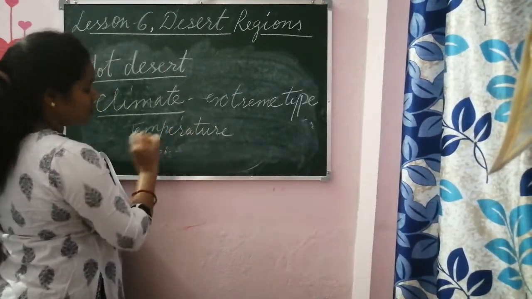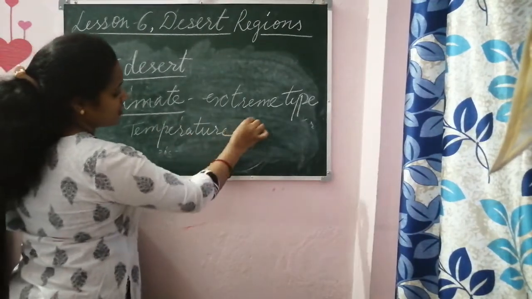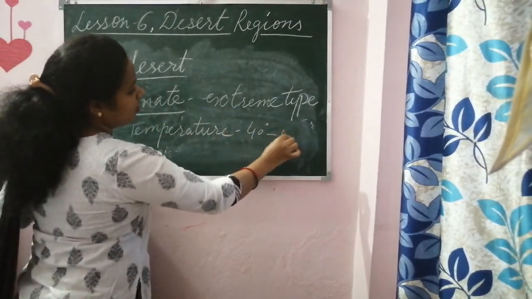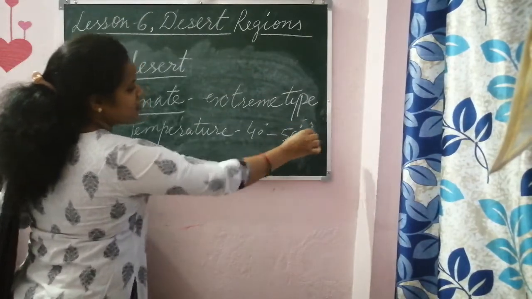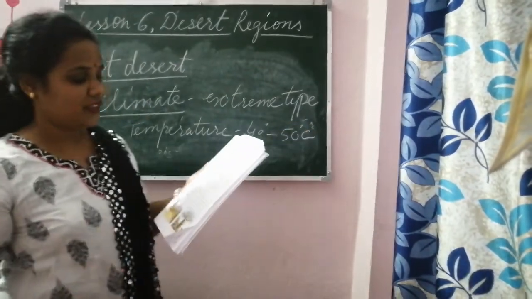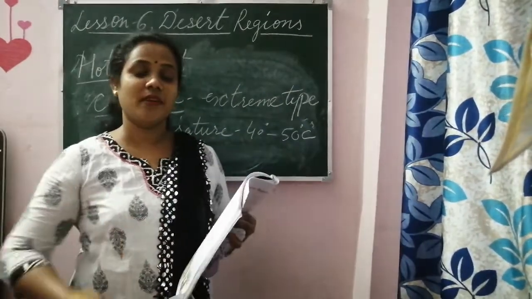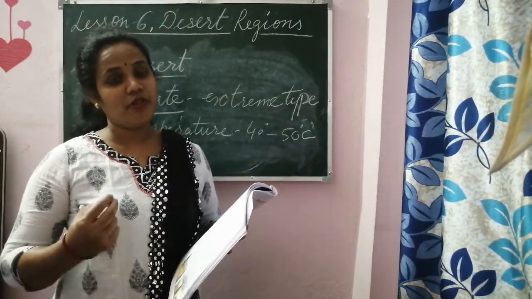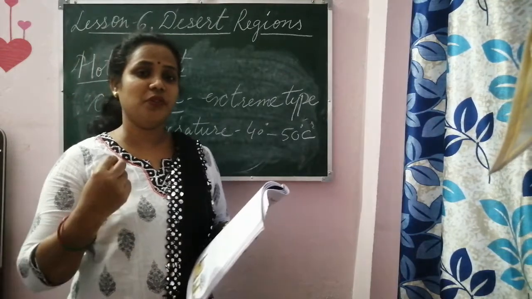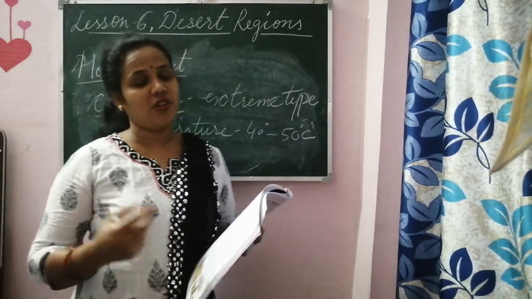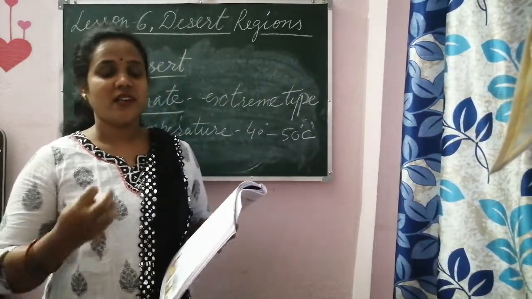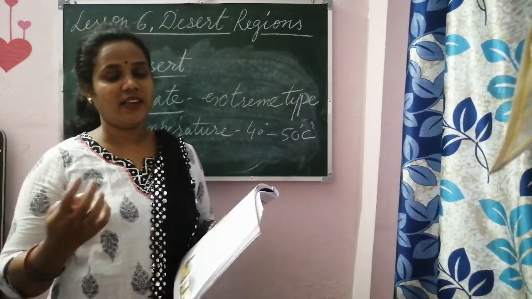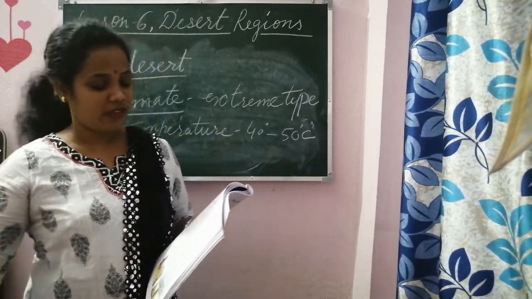Temperature means hotness or coldness of the place. Temperature is 40 degree to 50 degree Celsius in summer. You can imagine how hot it can be. So during the day it is hot from 40 to 50 degree Celsius in all hot deserts. Go to Thar, Sahara, Kalahari, Arabian, Chihuahuan, any desert.